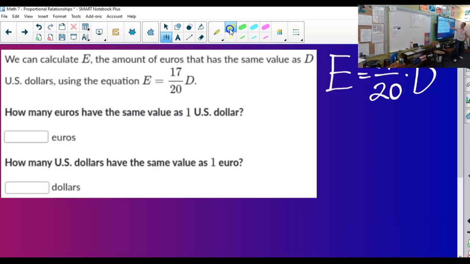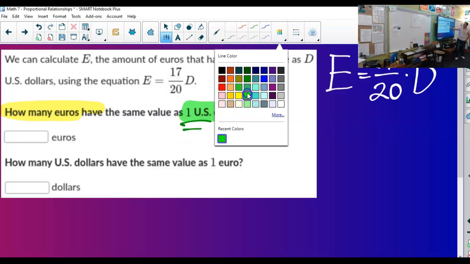When you see equations like this, that number multiplying is your constant of proportionality. In this first part, it's asking how many euros for $1. What is the dollar in this problem? Is it the E or the D? The D. So since they gave us $1, let's plug it in.